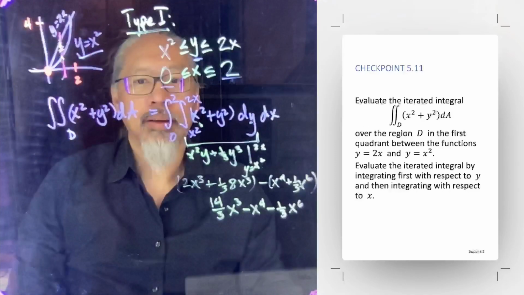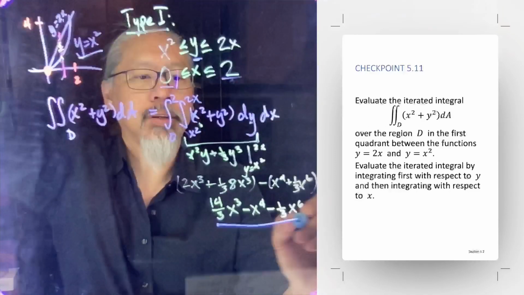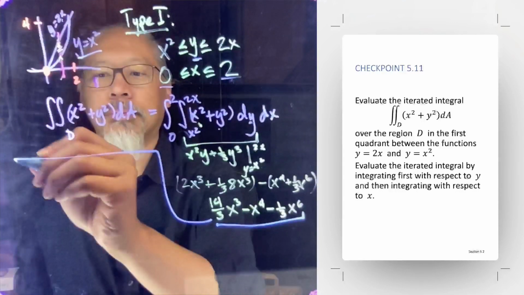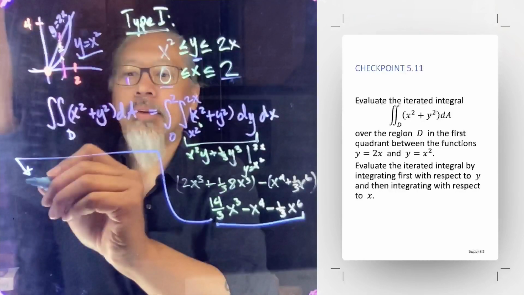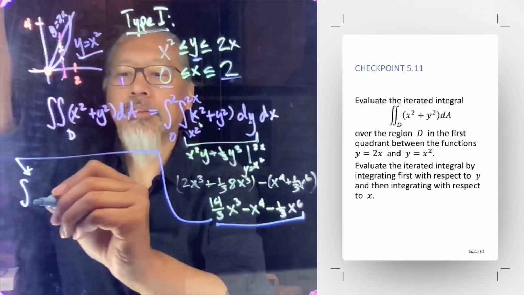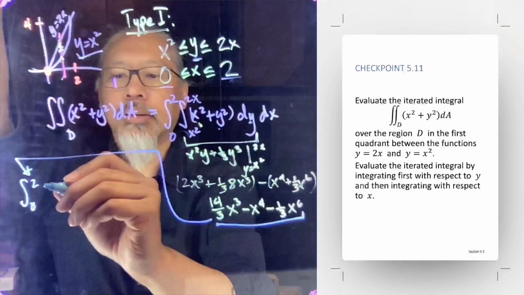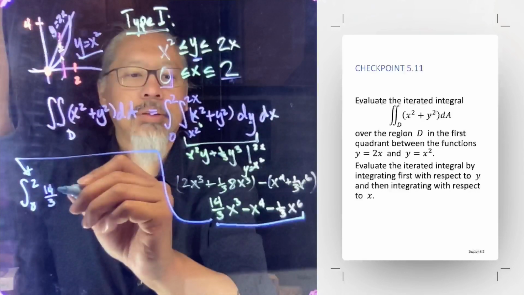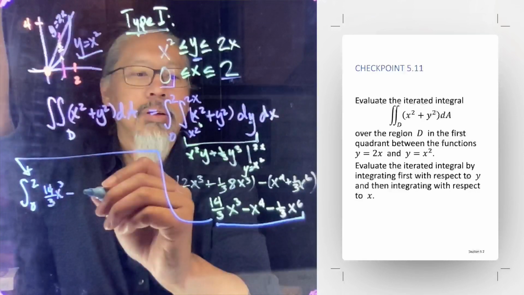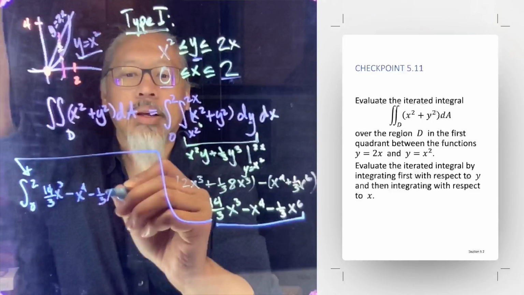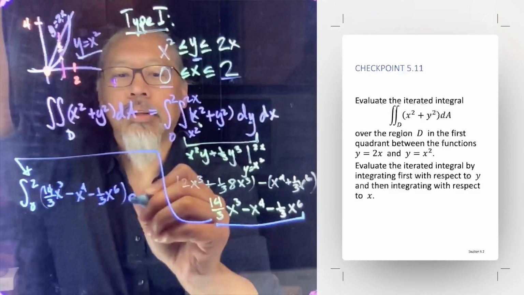Okay, let's now put this into the outer integral. We have the integral for x values from 0 to 2 of this whole thing that we just got: 14/3 x cubed minus x to the fourth minus 1/3 x to the sixth dx.